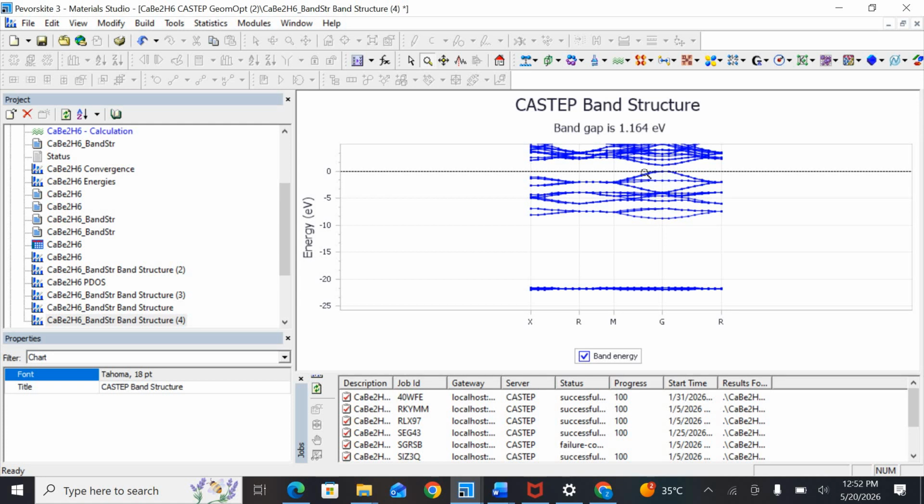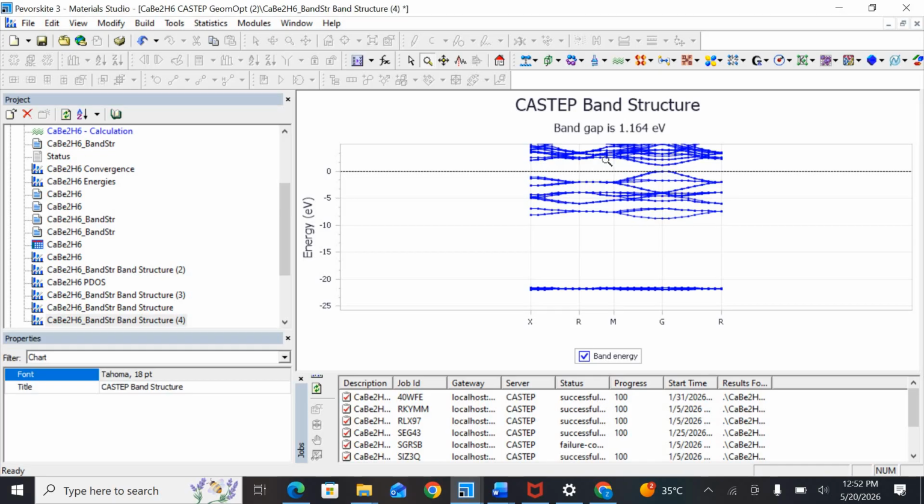If there is no gap between valence and conduction band, or they overlap, the material behaves as a metal and shows high electrical conductivity. If there is a small but finite band gap, the material behaves as a semiconductor, and if the band gap is large, the material behaves as an insulator.